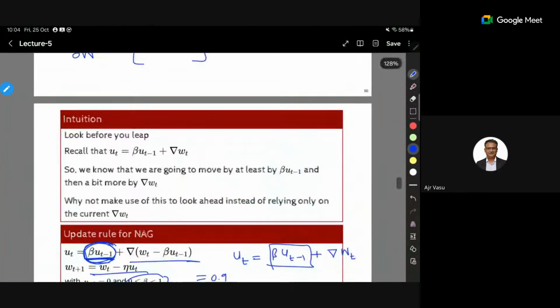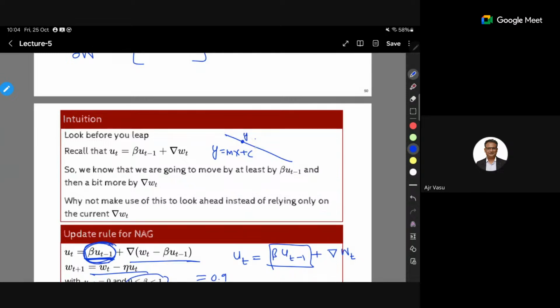Let's say I have y equals mx plus c. This is my equation. Can you tell me what the y value is if I give you x? Yes.